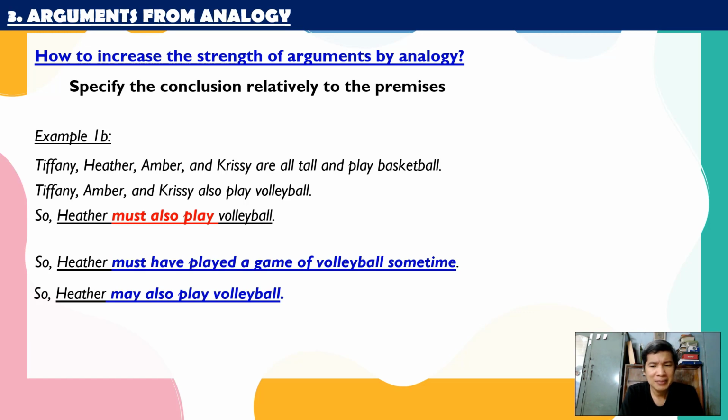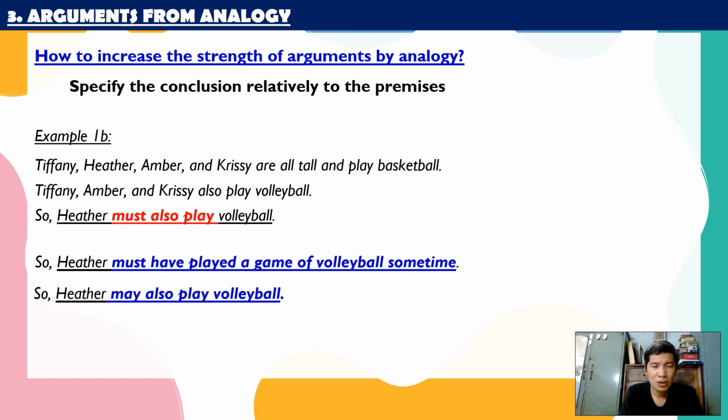Right? Think about the techniques. Think about what you are going to do in the project. Think about what you are going to do in your real life, in your research study. Make sure the conclusion is relevant to the premises. It is less likely to be attacked.